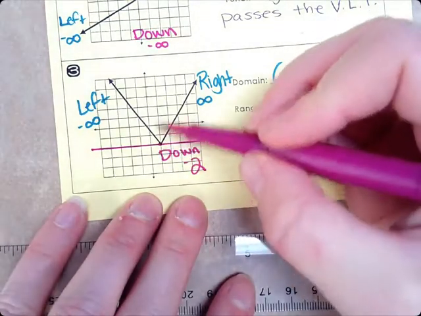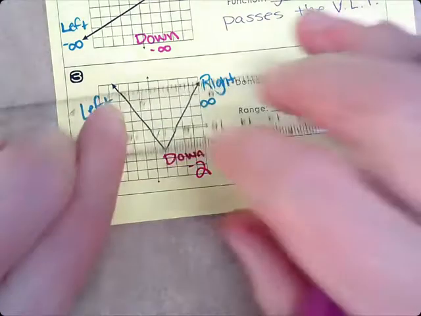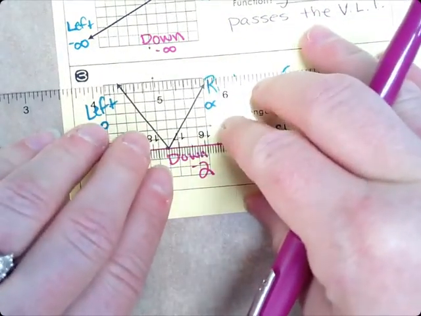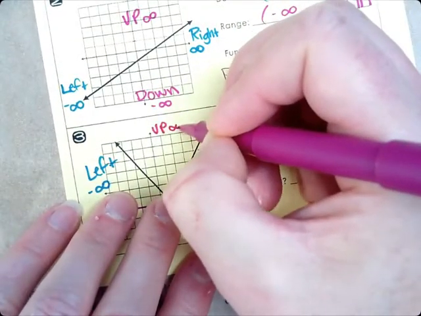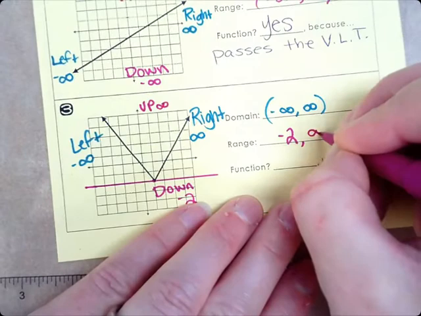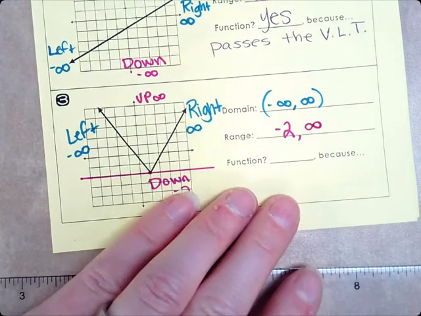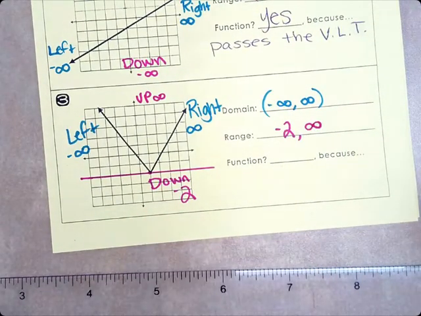And then how far up does it go? Infinity. Because I cannot put a fence there because it has an arrow. So it's going to go up to infinity. Would it be negative or positive? It'd be positive because it's going up, in the positive direction.